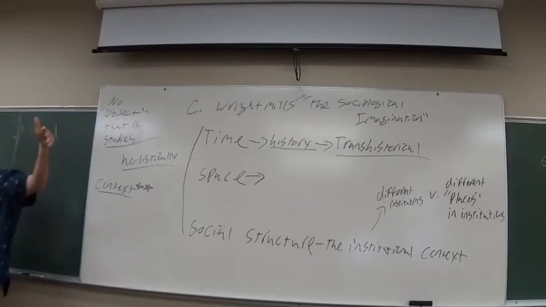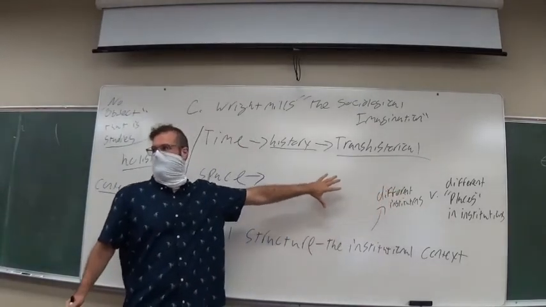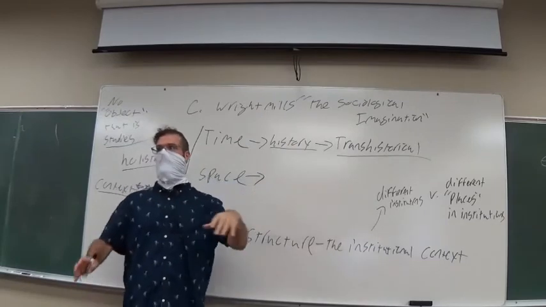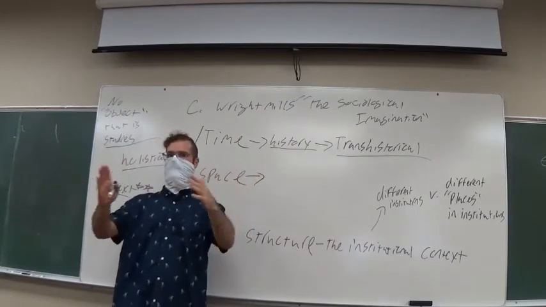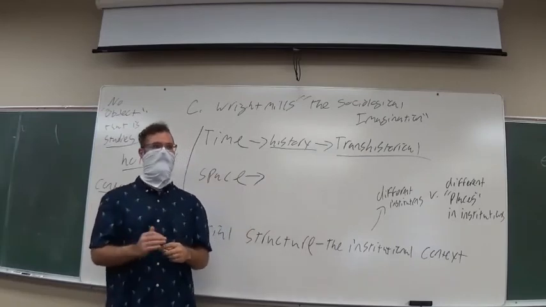Those could be institutions that people live within. What kind of religious institutions you interact with, if any, are going to become very different contexts for the way in which you live and view other people and do things. So that would be an example.